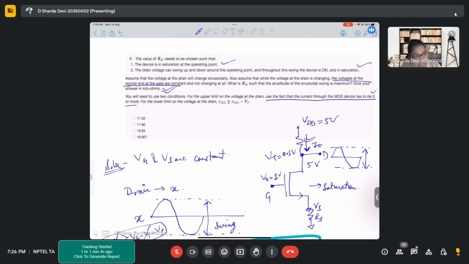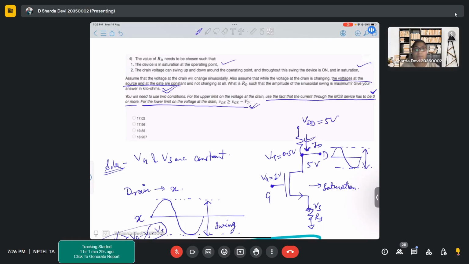So we have to consider the zero current condition as well as the highest current that we can get. And for the lower limit, it says that your drain voltage should be VD greater than VGS minus VT, because this tells you the minimum drain voltage that you need to have your transistor in saturation.